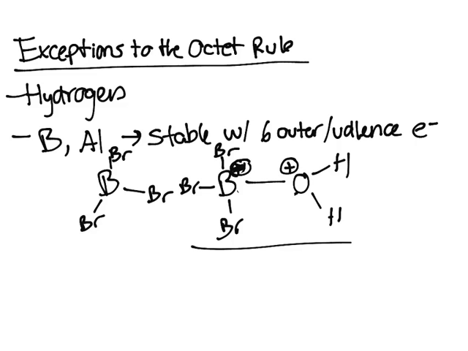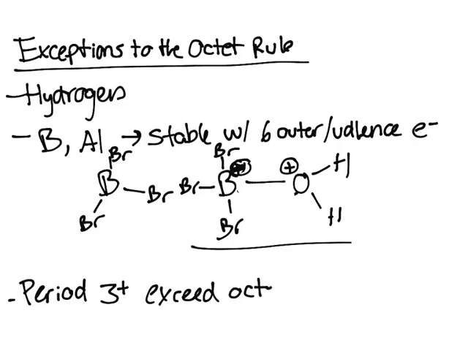And then atoms in period 3, remember periods are the rows and groups are the columns, period 3 plus, so anything below period 2, can exceed the octet.